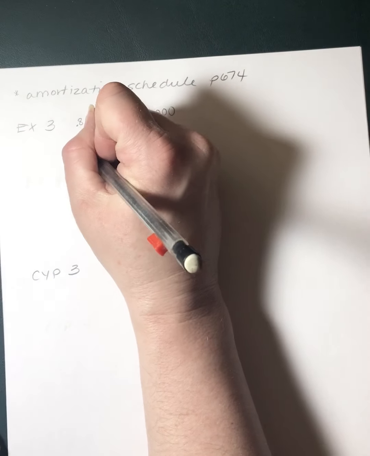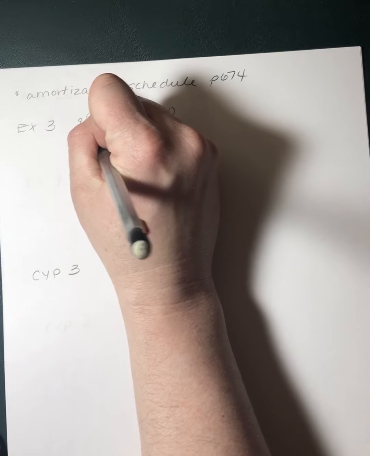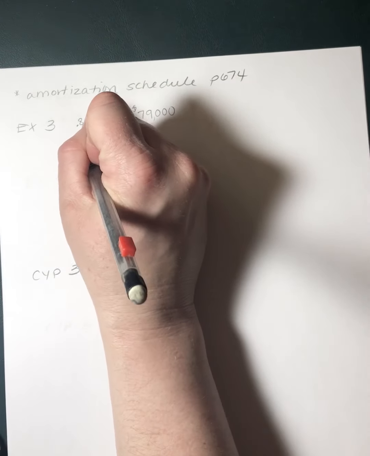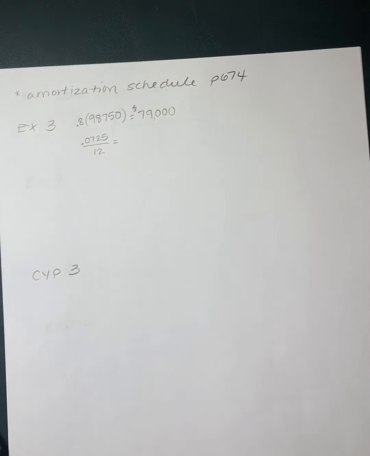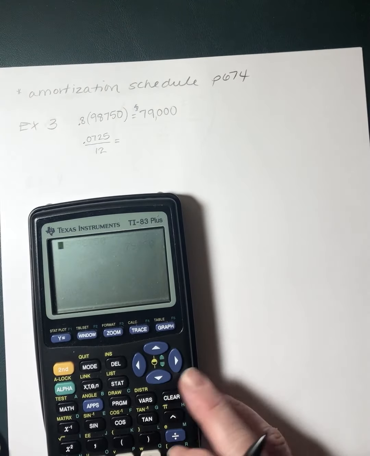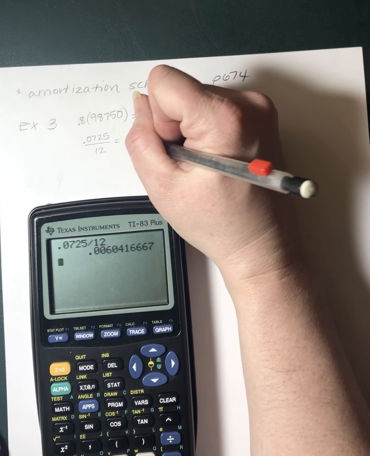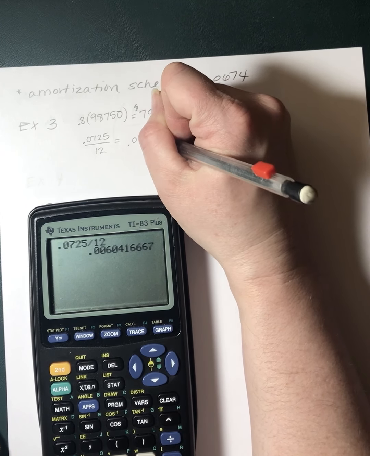So what you have to do is you have to take the 7.25% or 0.0725 and you have to divide by 12, okay? This is going to tell you how much interest is per month. And so it's approximately 0.006.